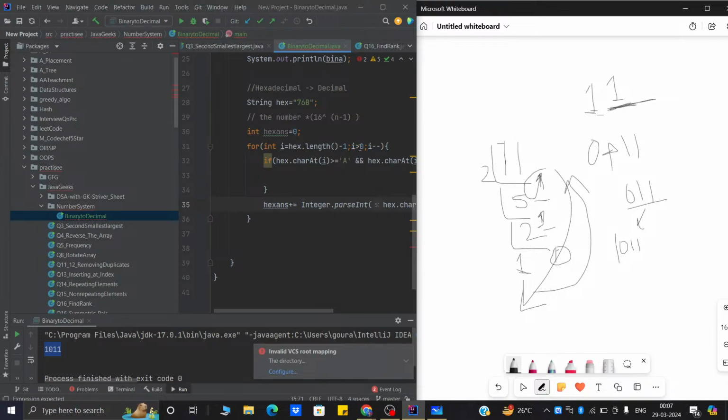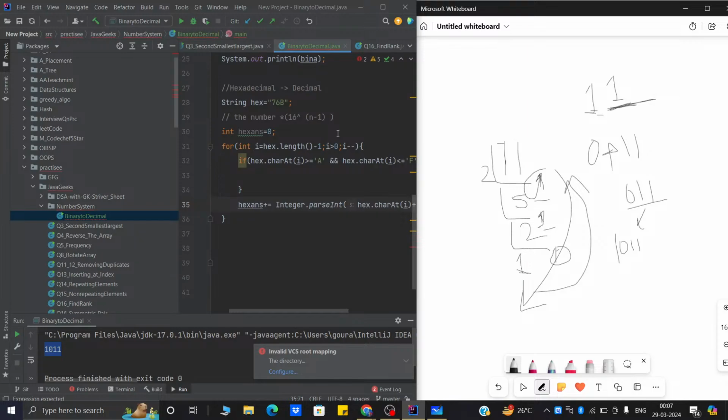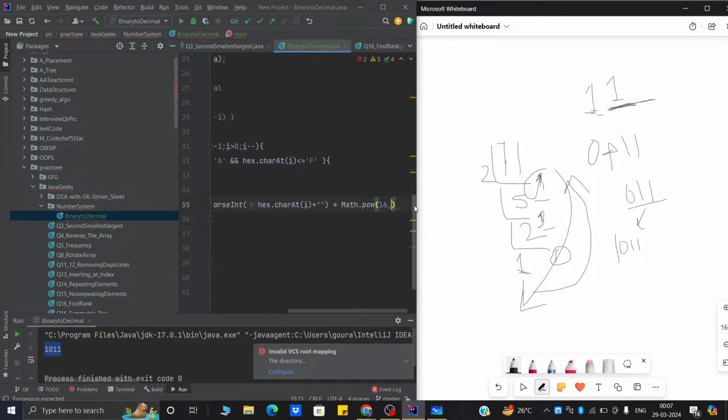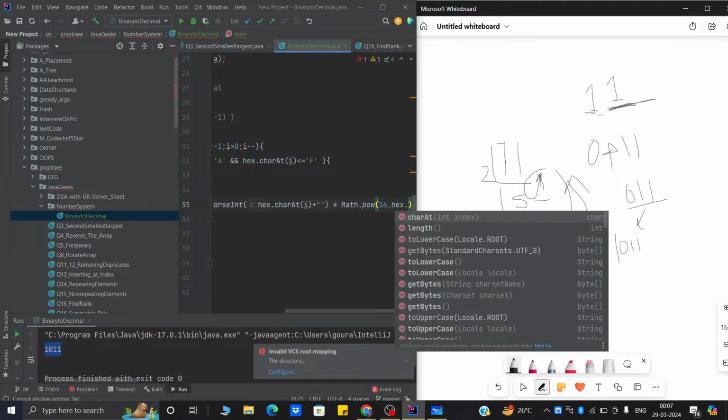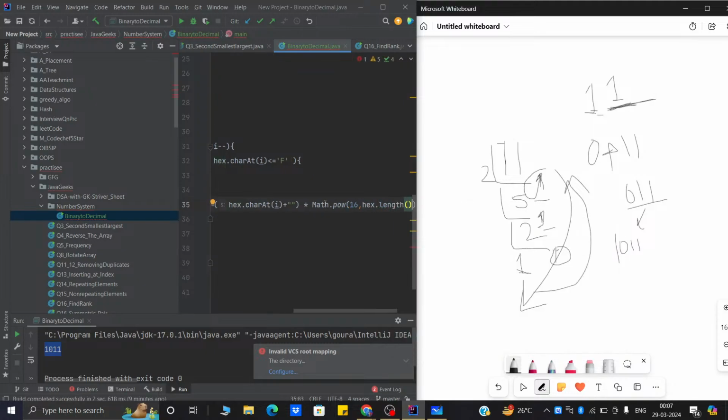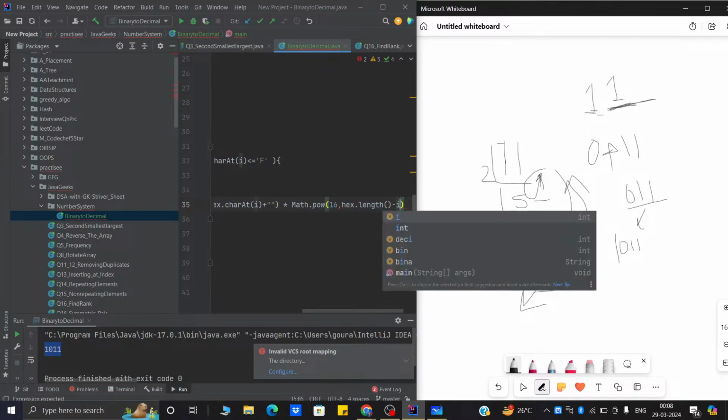Start the for loop from 0 and i less than hex dot length. The iterator length is 3 minus i.